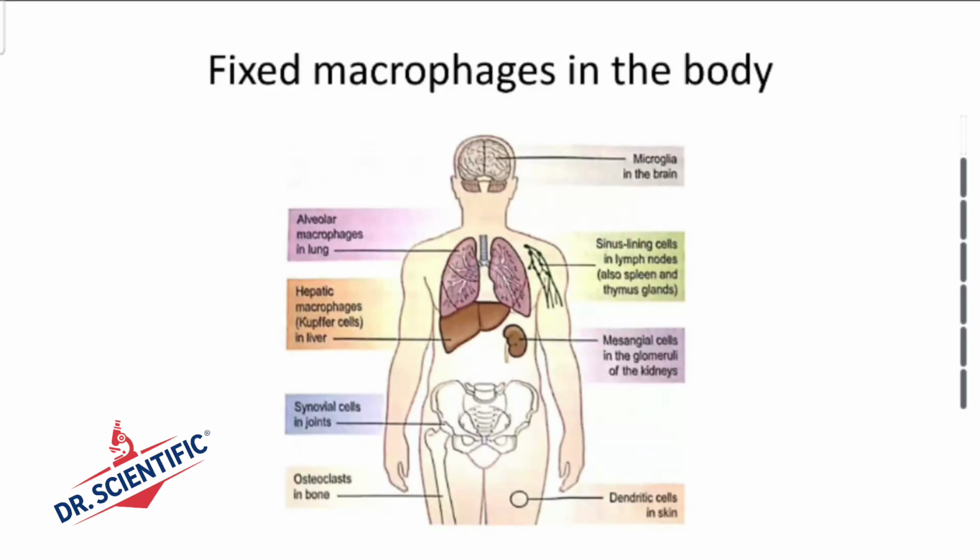In the brain we have microglia. In the alveoli of the lung we have alveolar macrophages. In the lymph nodes we have what we call sinus lining cells, which are also found in the spleen and thymus. In the liver we have hepatic macrophages, which we call Kupffer cells. In the kidney we have mesangial cells in the glomeruli; I think we talked about it last time.